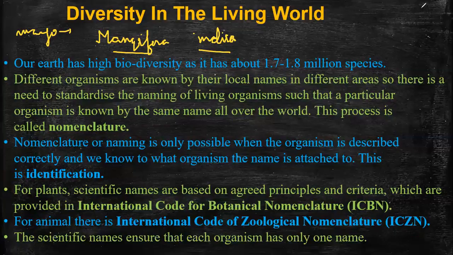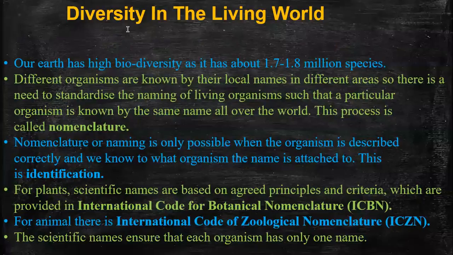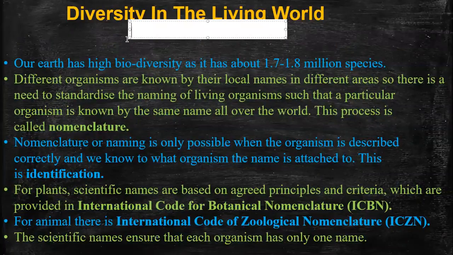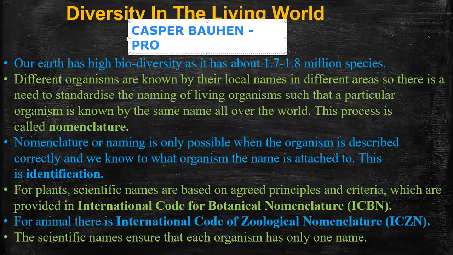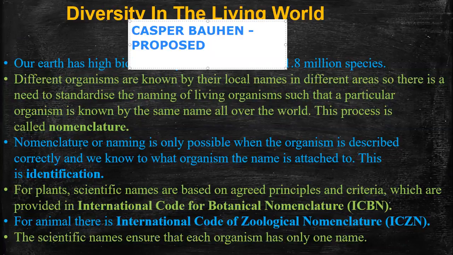For plants, the principles of naming were proposed by a scientist known as Caspar Bauhin. He proposed this system of naming.